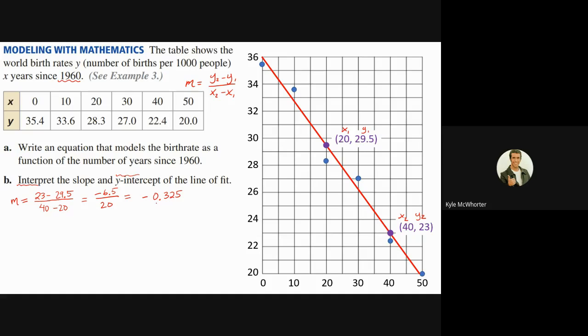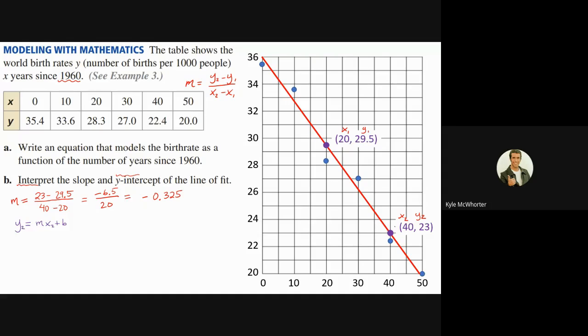All right, but once we have our slope, now we can use one of our points to find out the y-intercept. I'm going to use y equals mx plus b, and plug in for the slope and for one of my points. To avoid using the decimal here, I'm going to use the point x2, y2, 40 and 23. So y2 equals m times x2 plus b. I'm going to plug in for m, x2 and y2 and then solve for b to find out my y-intercept.